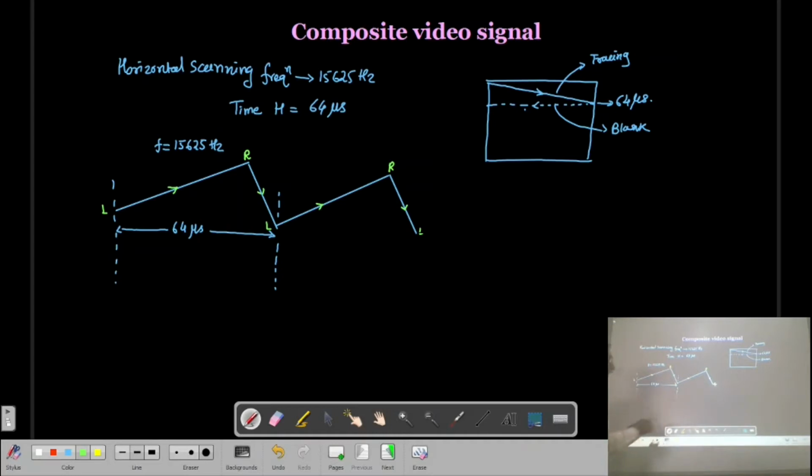Now within 64 microseconds, I already mentioned that during this time period, the electron beam is tracing the picture. And this tracing time period, we should remember, is 52 microseconds.